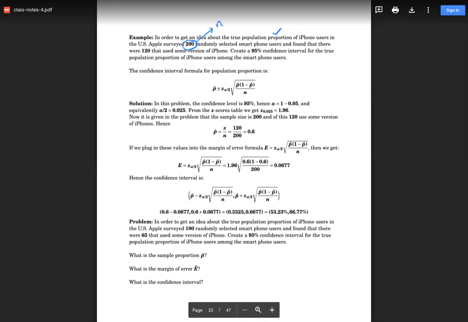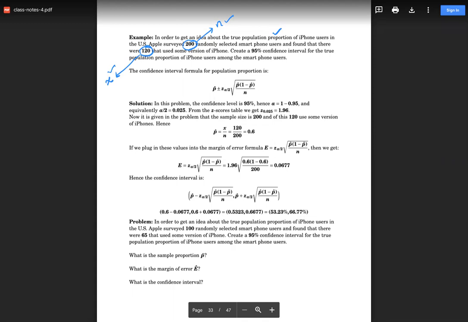So Apple surveyed 200 randomly selected smartphone users and found that there are 120 that used some version of iPhone. So this is going to be your X. You surveyed 200 people, and out of that, X of them, or 120 of them, responded in a certain way that you are looking for.